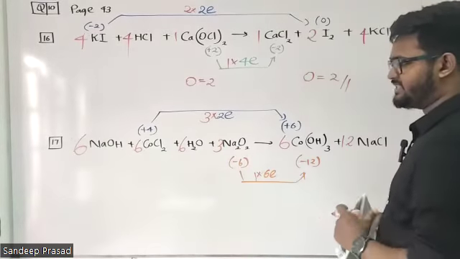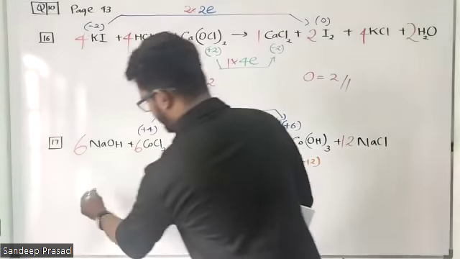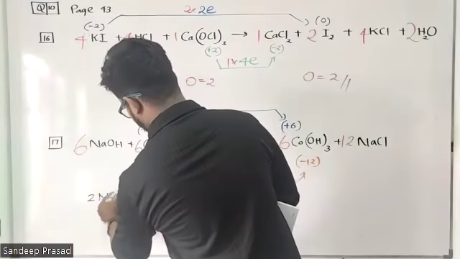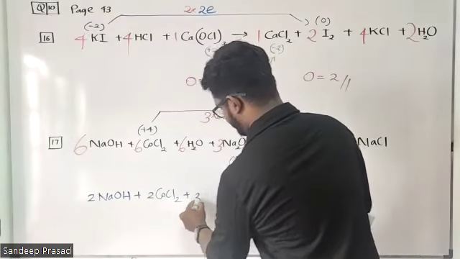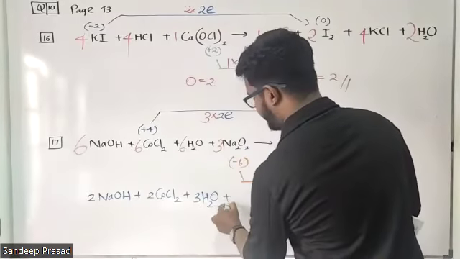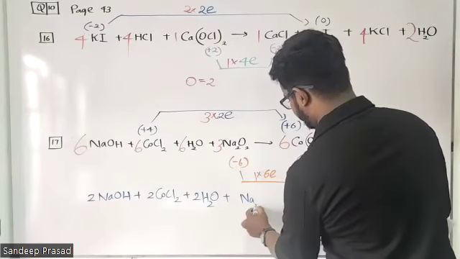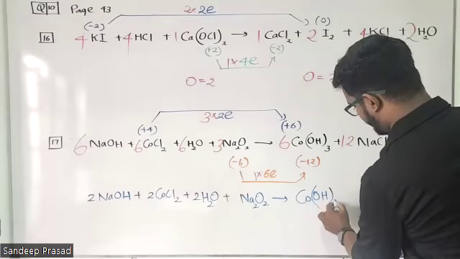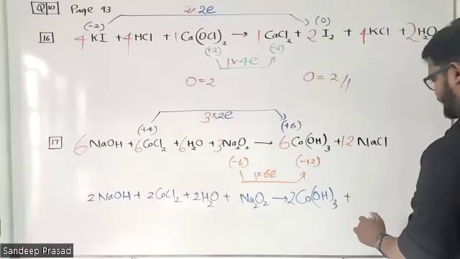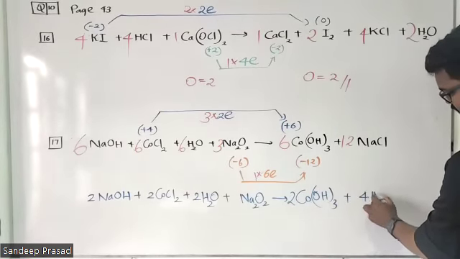Reaction is balanced. But you can see that all the coefficients are divisible by 3, no? Then 2 sodium hydroxide, 2 cobalt chloride, 3 water molecules, 1 sodium peroxide, and this becomes 2 cobalt hydroxide, and we divide this one by 3, 4 sodium chloride.